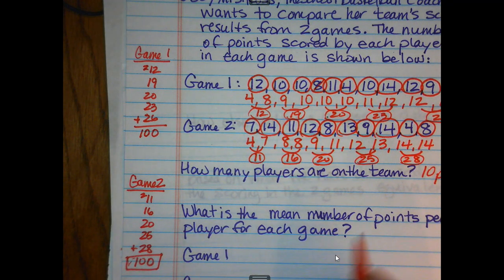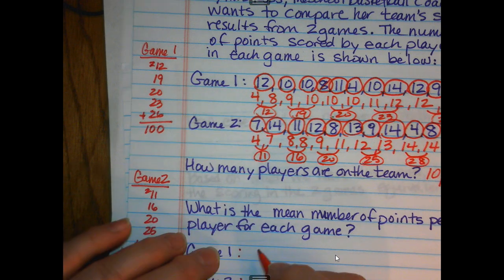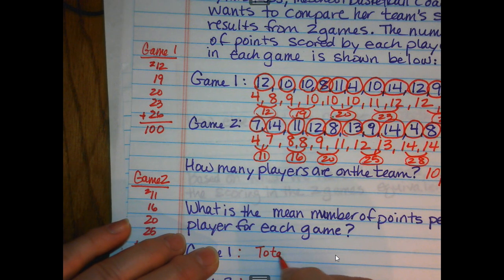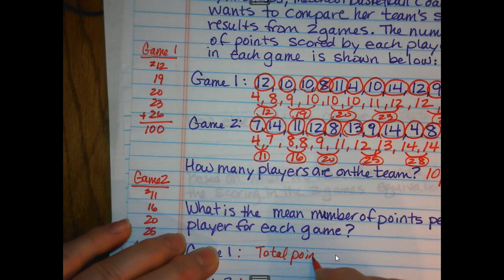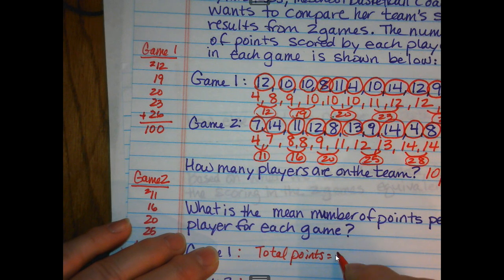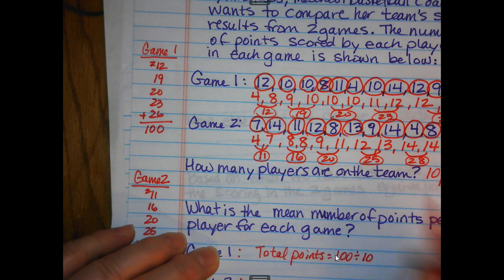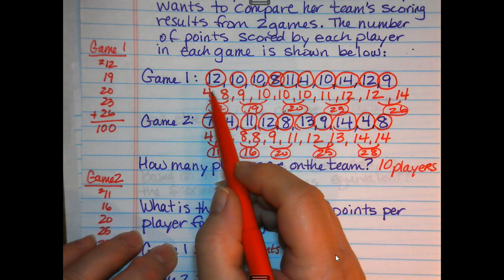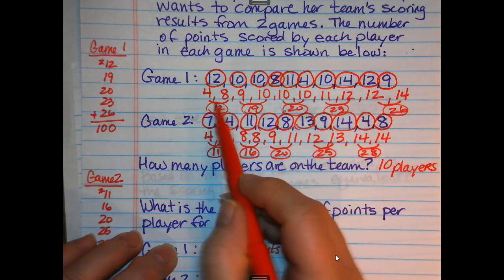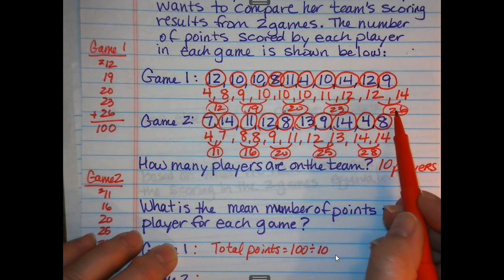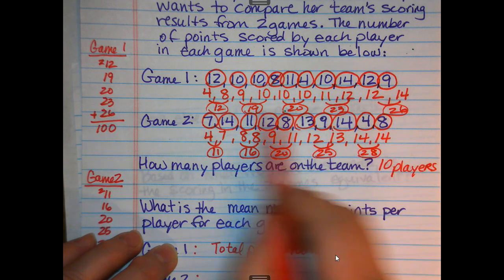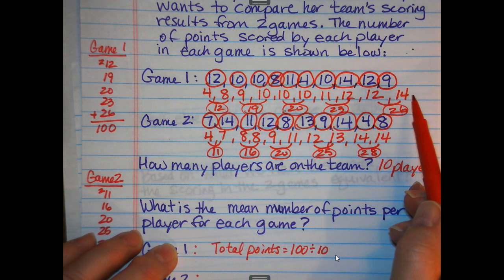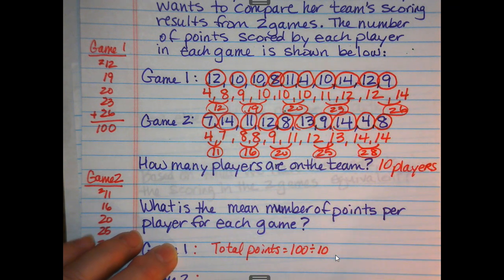So the mean number is where we take our total points, which equals 100, and then I divide it by the number of players or the number of data pieces that I have. And I go back to the original data pieces because even though I combined all these numbers here into these more easy to use numbers, I want to make sure I'm recording and accounting for all of the different pieces of data I started with.